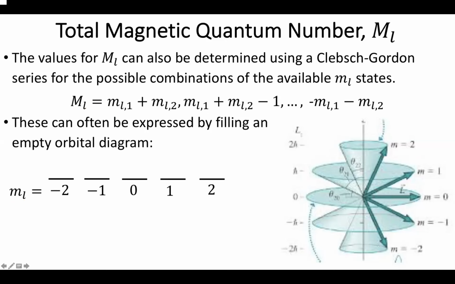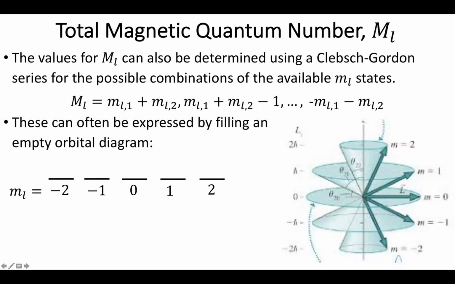So my maximum value will be simply putting 2 electrons in the +2 orbital, and this will give me a maximum total magnetic quantum number of 4. Or I could have a minimum value of putting 2 electrons in the -2 orbital with a minimum magnetic quantum number of -4. And you can have any number of combinations in the middle, and I encourage you to play around with these.